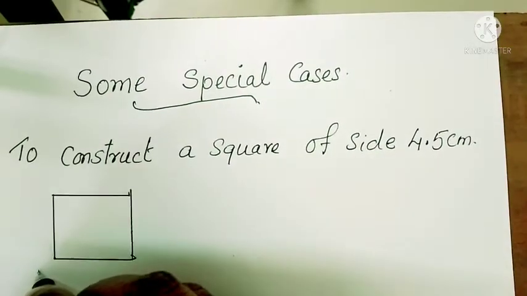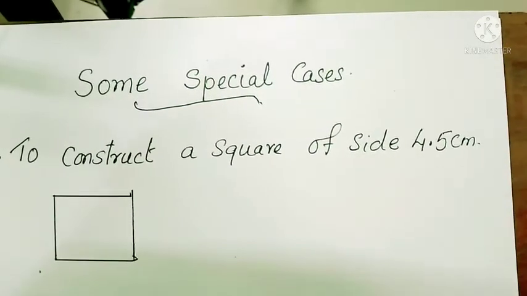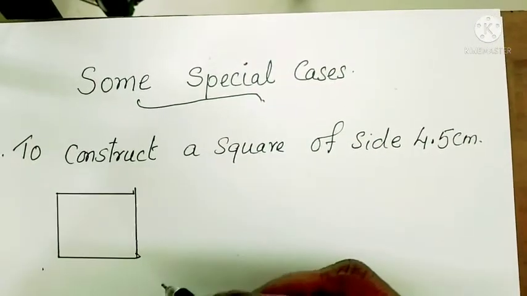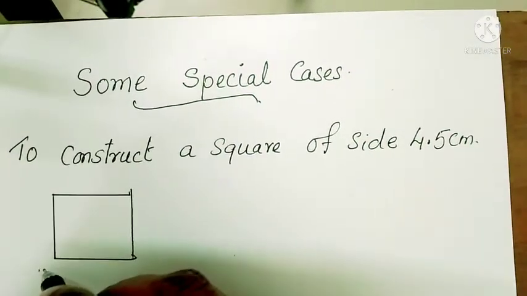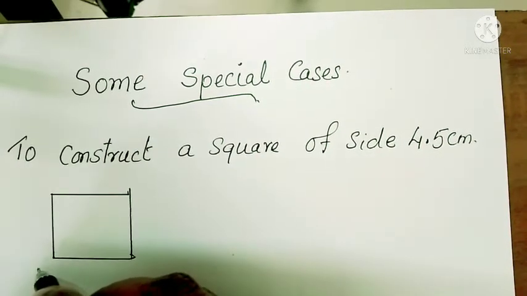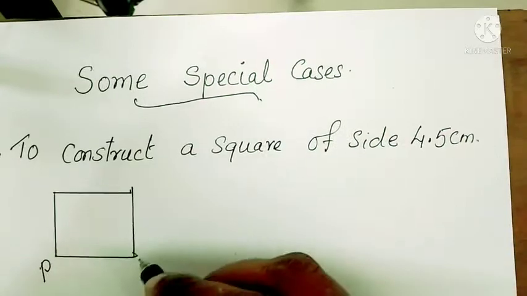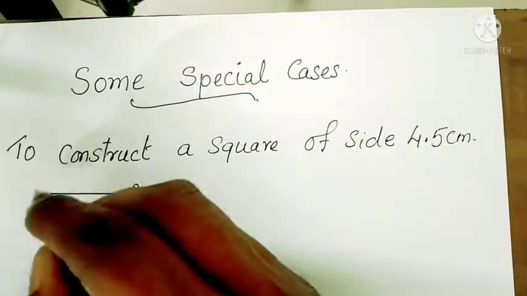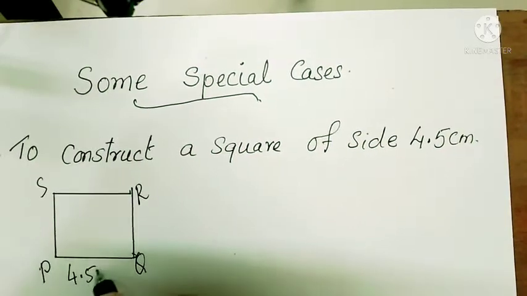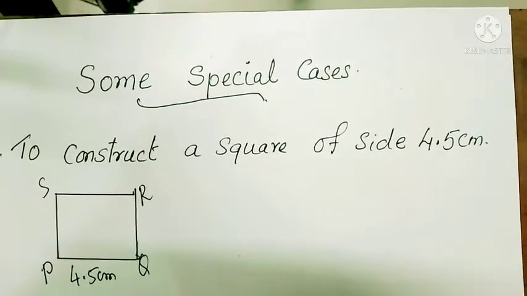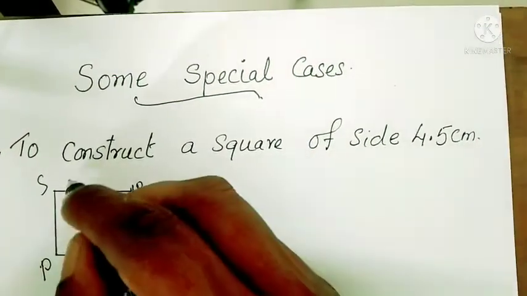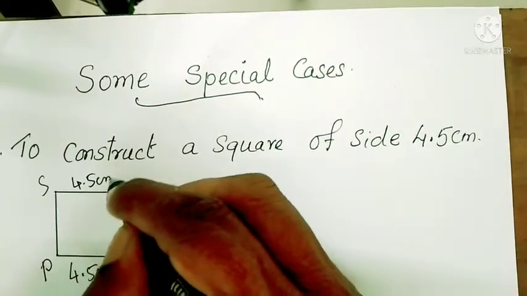Let us name it. To construct a square of side 4.5 given, you can name it by your own wish. Okay, P, Q, R, S. Any one side is given as 4.5. The first property is that a square has all four sides equal, so we can write all sides as 4.5 centimeter.